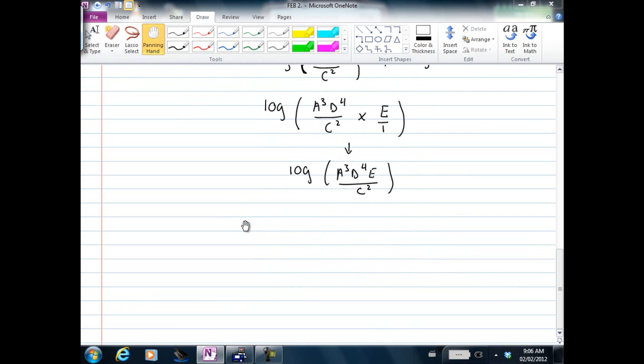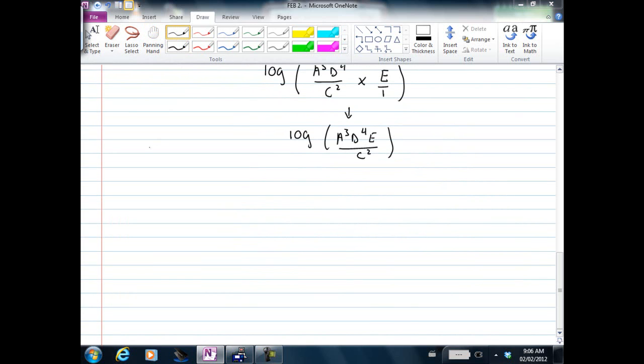A bit more challenging this time. Your job is to simplify. You got to learn how to simplify. It's going to say rewrite as a single log. 3 log base 4 of 2 minus 2 log base 4 of B plus 6 log base 4 of C minus 4 log base 4 of A. Wow, such a nasty question.